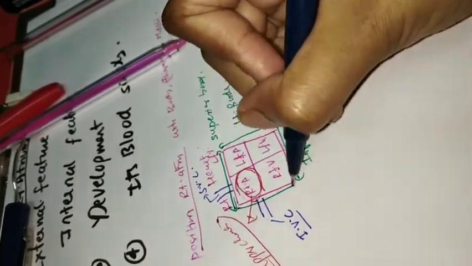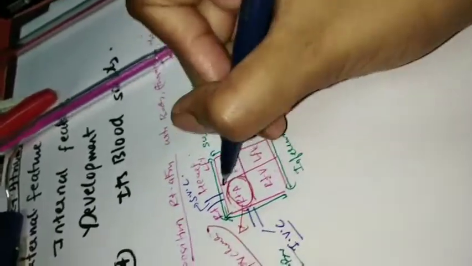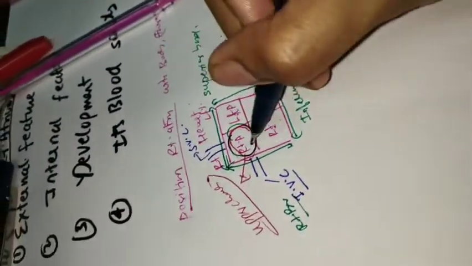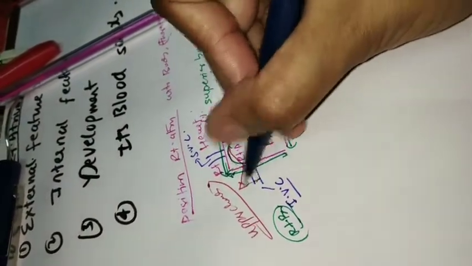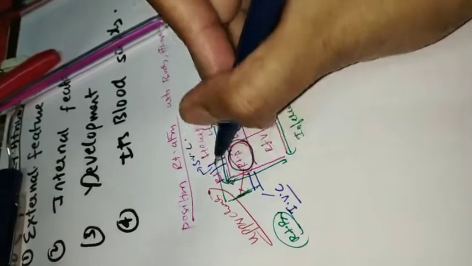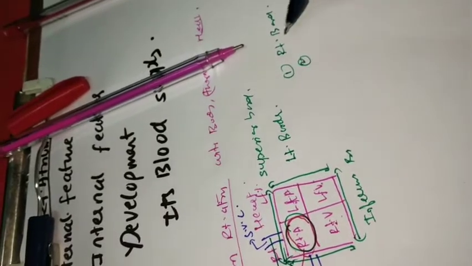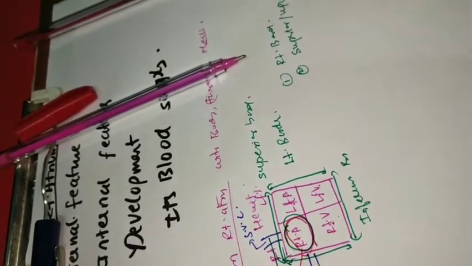This whole thing is your right border. So you can see this right atrium is making 2 borders: part of your right border, and part of your superior or upper border.